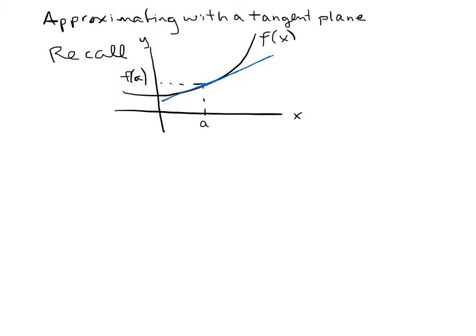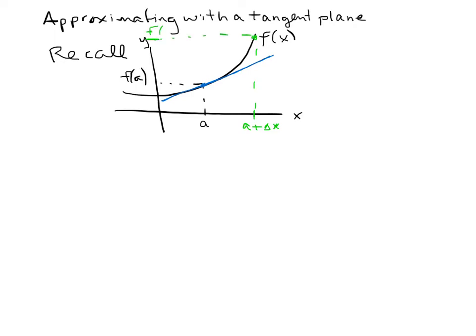And then if we wanted to calculate a different value, so let's say that now we are considering calculating a value at A plus some bit away from A. So the actual value there of the function would be somewhere up in here.